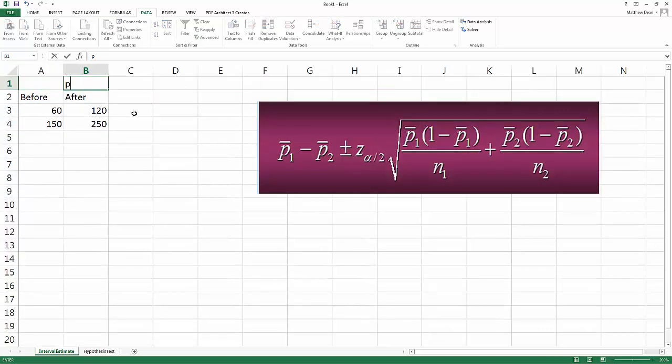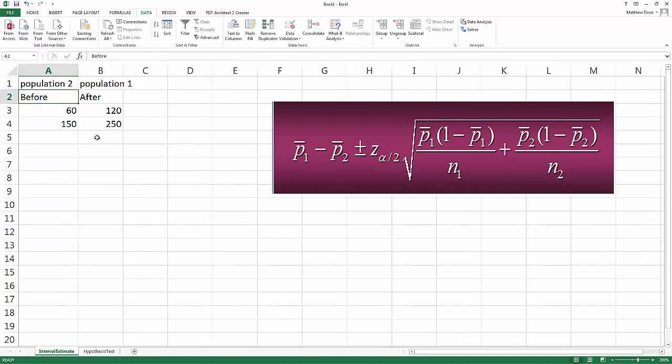This is going to be P1, population 1. Unfortunately, there's not a nice add-in from the data analysis toolpack to do this for us, so we have to do everything by hand. So that's why I've got this over here. It'll help us in a minute.